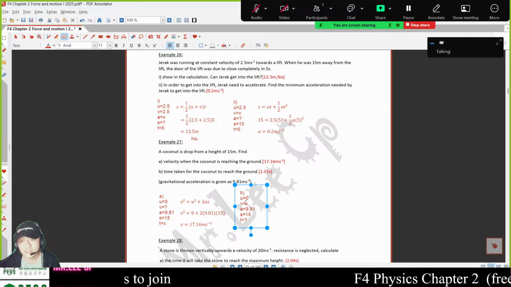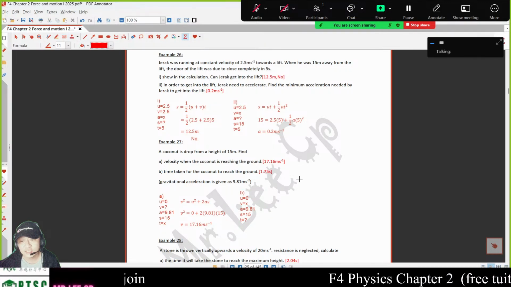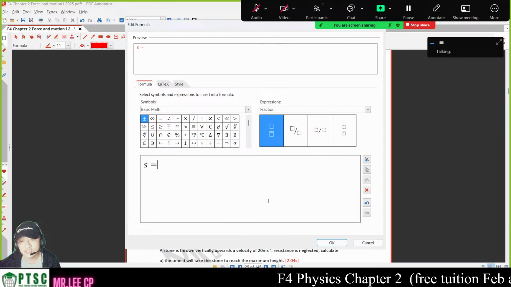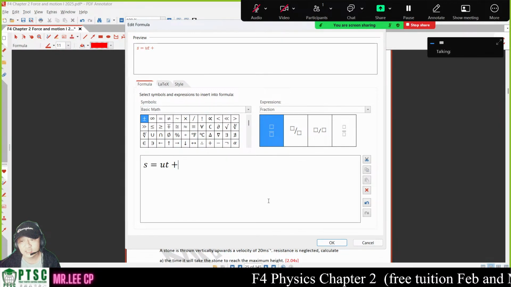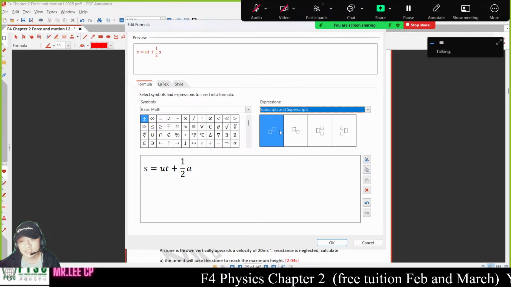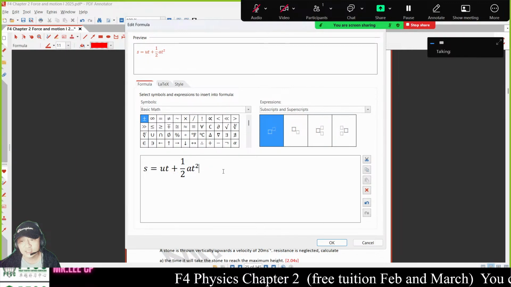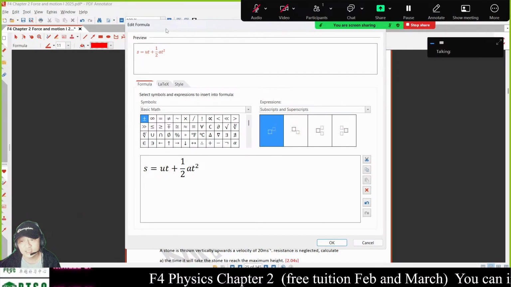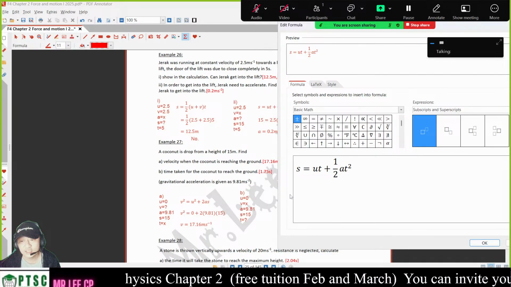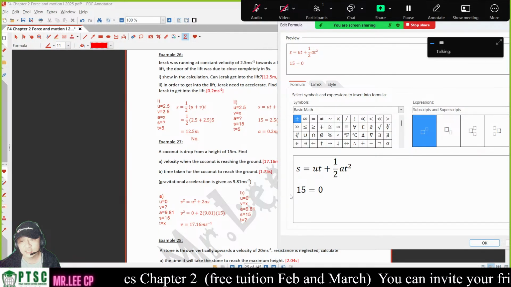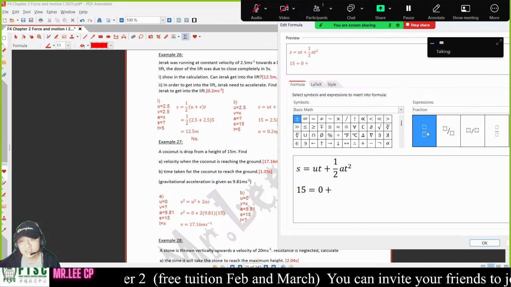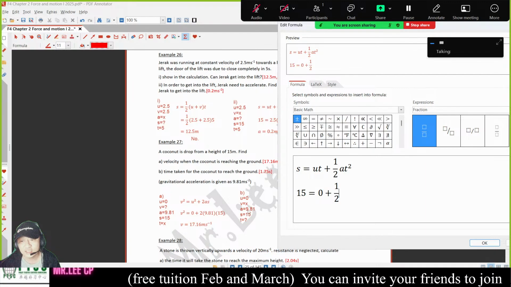No V is the third formula, right? S is equal to UT plus half AT squared. Now, S is 15, put it in. Equal to 0 times whatever is equal to 0. Now, half AT squared. A is 9.81.